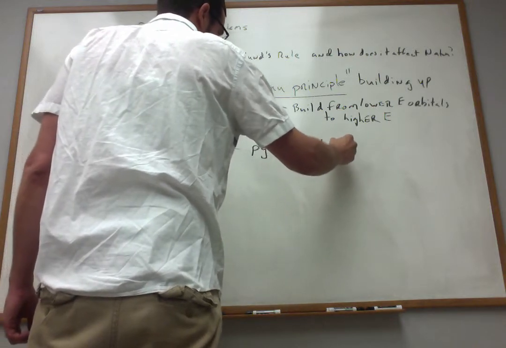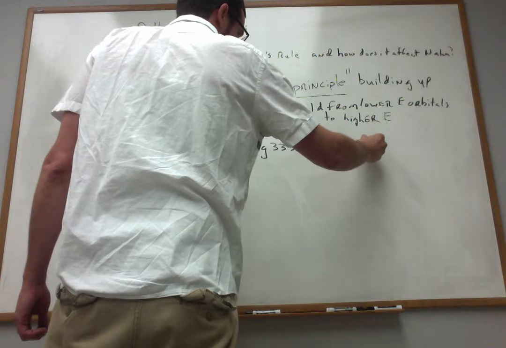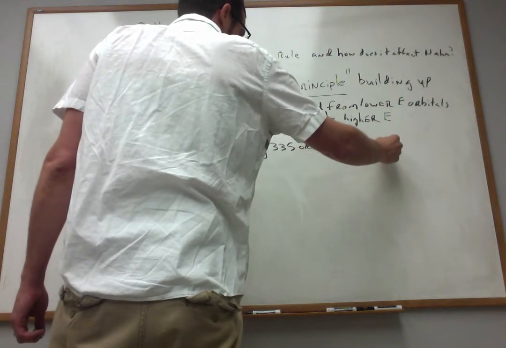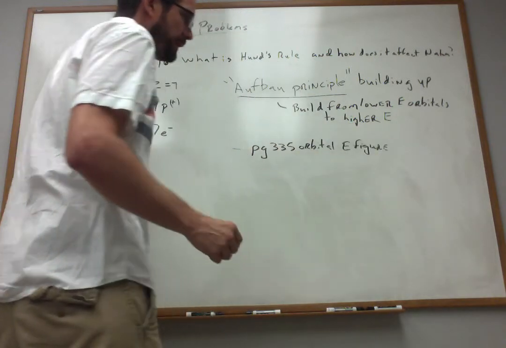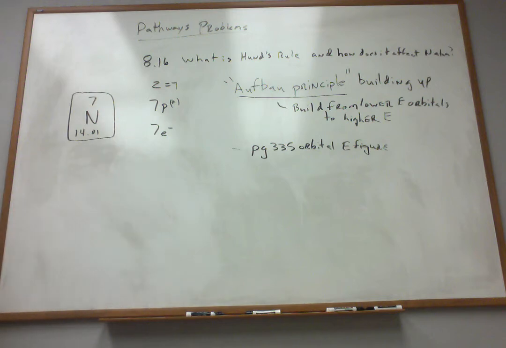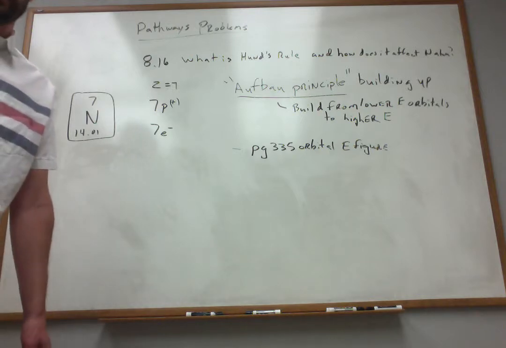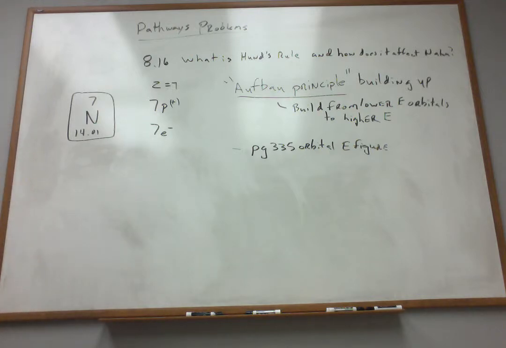We'll call this the orbital energy figure. Basically, it lists orbital energies with respect to one another. But there's another way you can get some hints as to what this ordering is, and it's actually to use the periodic table itself and think about what's an S block element, a P block element, D block, and so on. Okay, and I know there's another tutorial video about that.